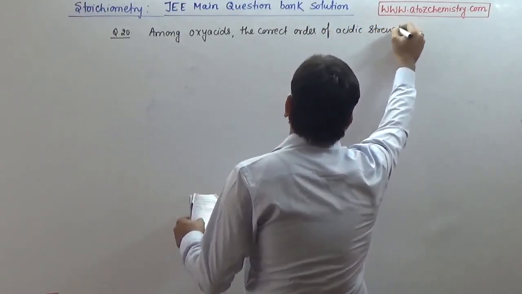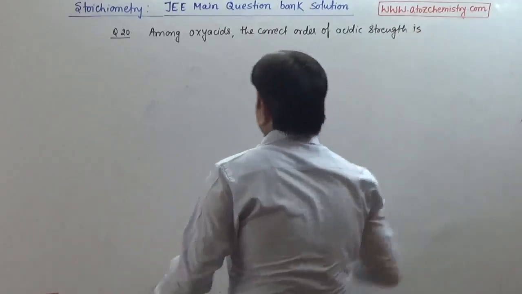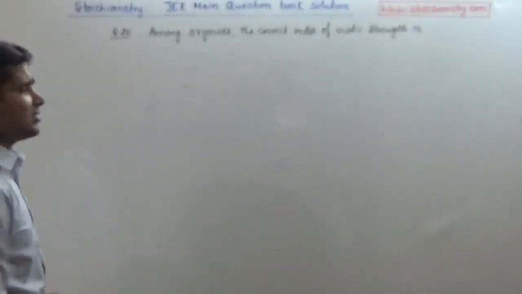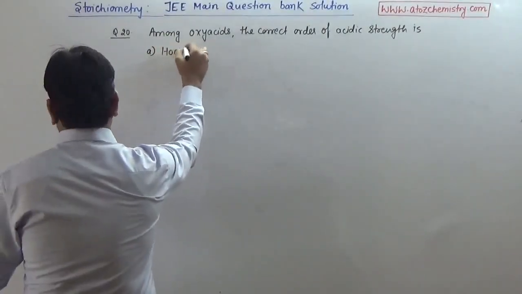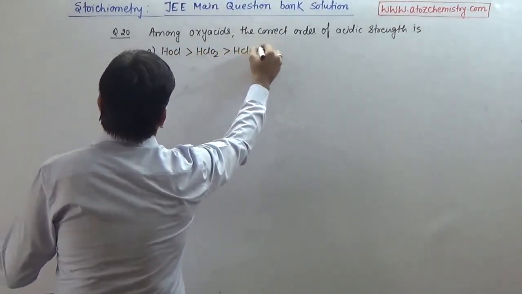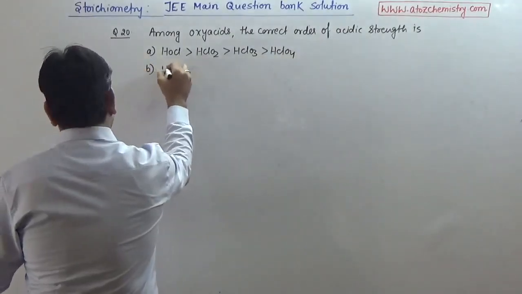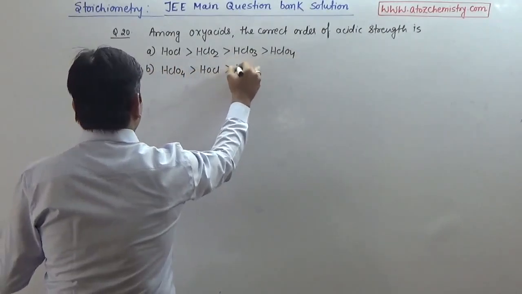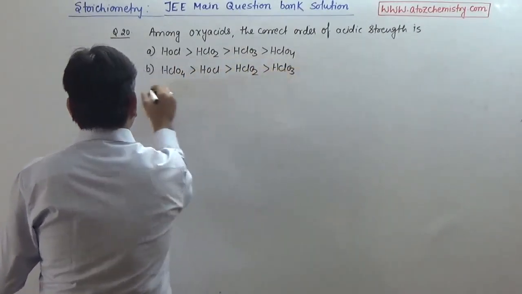Also you can see this question in inorganic, but since I teach acid base salt before acid base titration, I am discussing this question here. A option is HOCl greater than HClO2 greater than HClO3 greater than HClO4. B option HClO4 greater than HClO greater than HClO2 greater than HClO3.